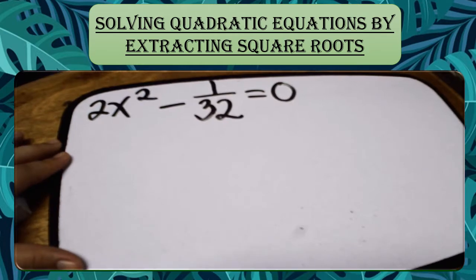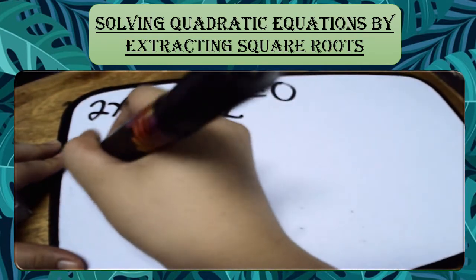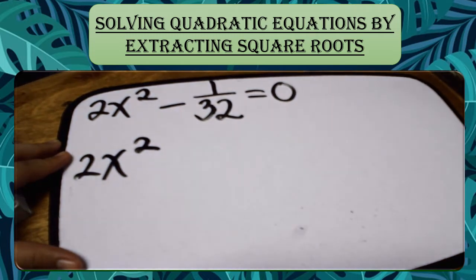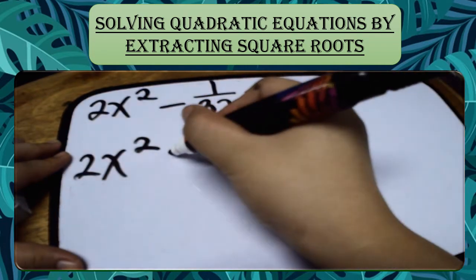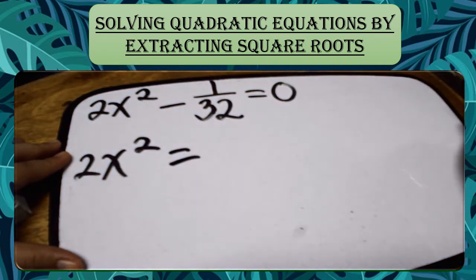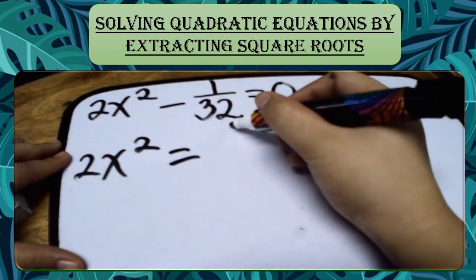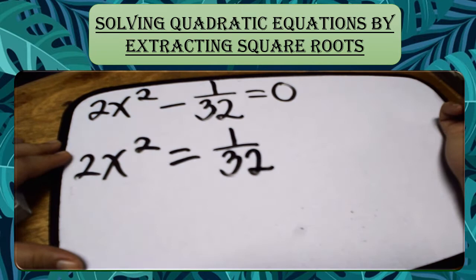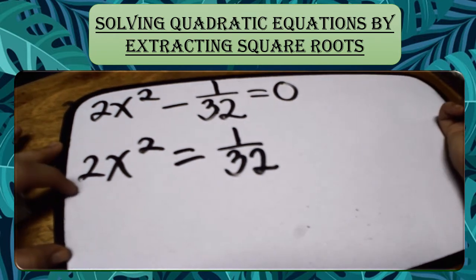Next example, we have 2x squared minus 1 over 32 is equal to 0. Copy the first term, which is 2x squared. Next, transpose negative 1 over 32 and change the sign, so it becomes 1 over 32. As you can see, there is a constant before x, which is 2.